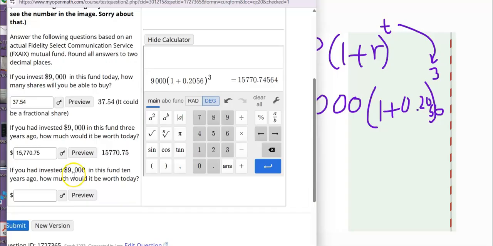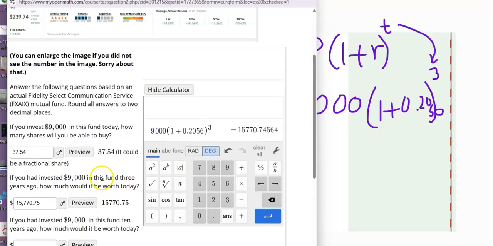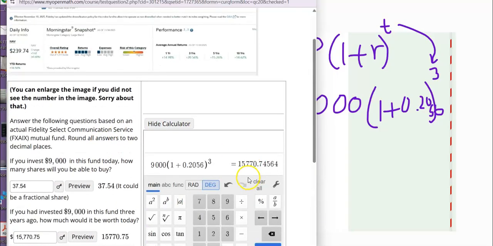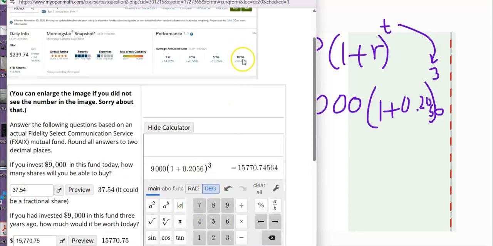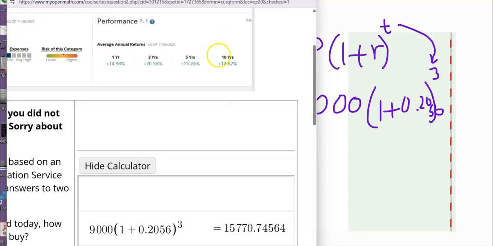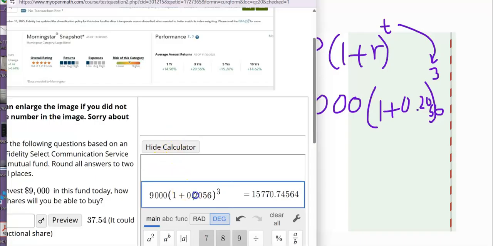Similarly, if you invest $9,000 10 years ago, how much is it going to be worth? Same formula, but the return for 10 years is going to be 14.762. So as a decimal value it is going to be 0.14762, to the power 10. Notice that if you had invested 10 years ago, time is going to be 10.